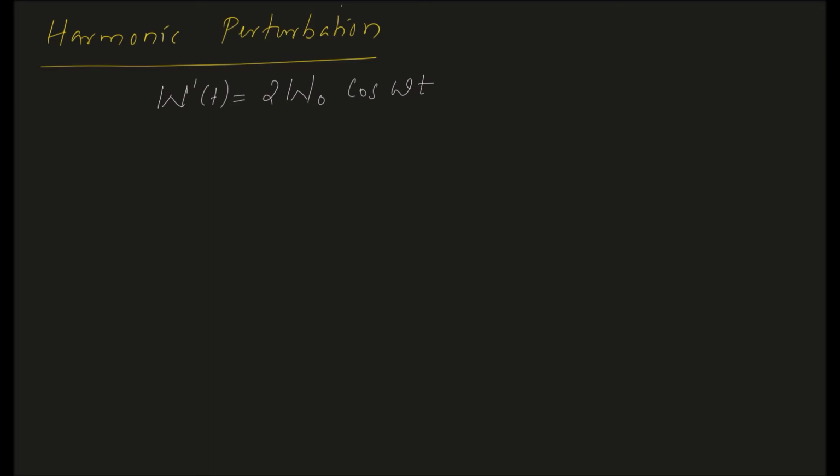This 2 has been introduced for simplicity. So this can be written as W0 (e^{iωt} + e^{−iωt}).